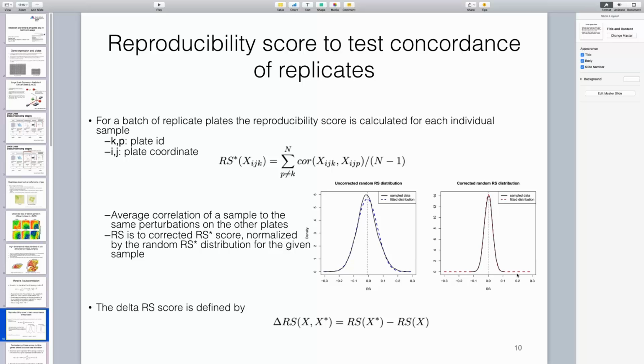If that's the case, we expect to get a higher reproducibility score after the correction. The delta reproducibility score is basically just the improvement that we get once we correct the gene expression. So X in our case is the original gene expression and X star is the corrected gene expression.